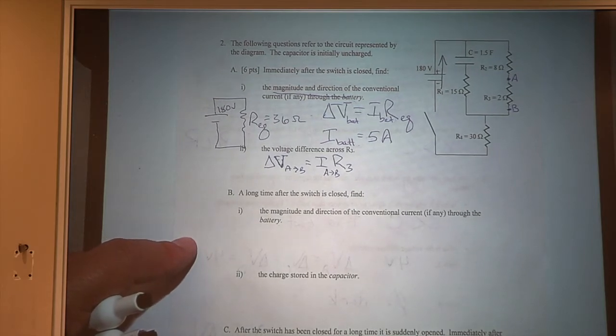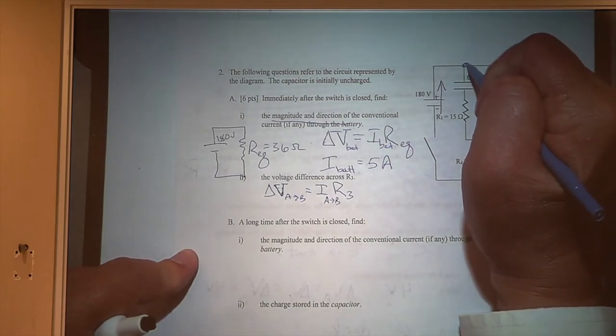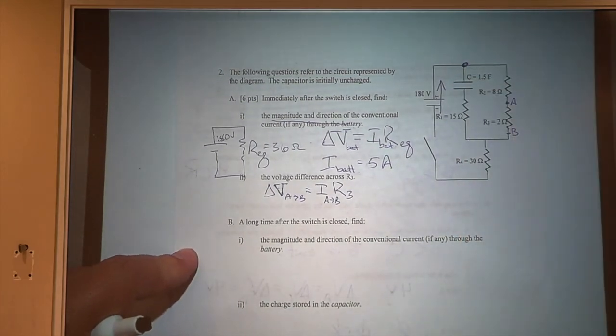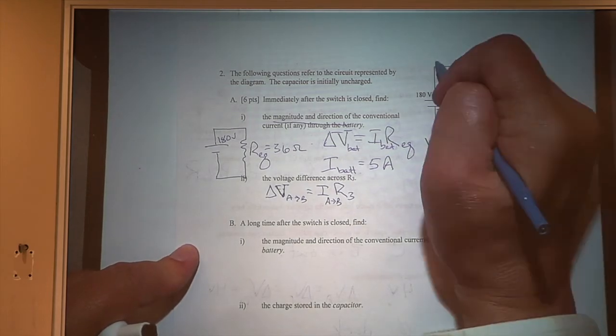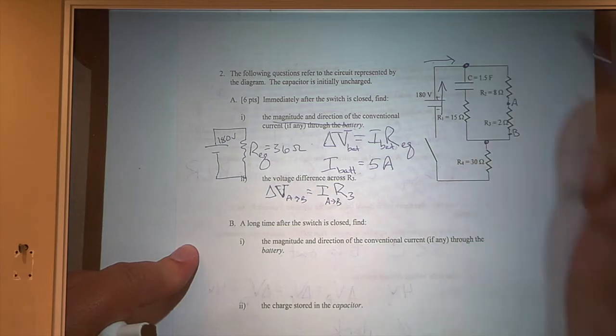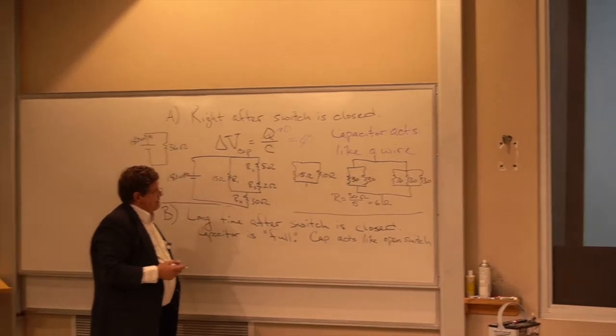Now, in order to do that, I need to figure out how the current splits right there. And then it comes back together right here. I've got 5 amps going in, but that 5 amps splits. Now, here's where this method that I taught you comes in really handy.